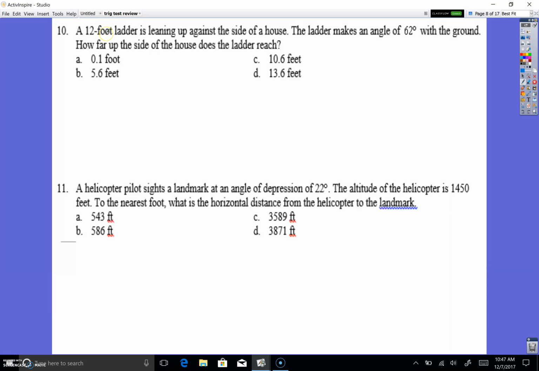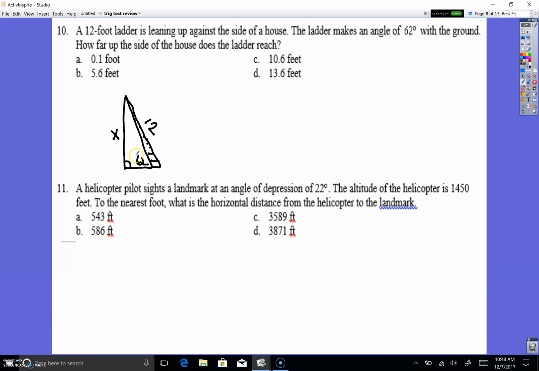okay, a 12-foot ladder is leaning up against the side of the house. The ladder makes an angle of 62 degrees. Okay, I have a ladder, and this is my house. 62 degrees. This is 12 feet. How far up?